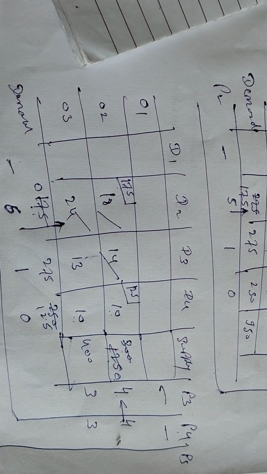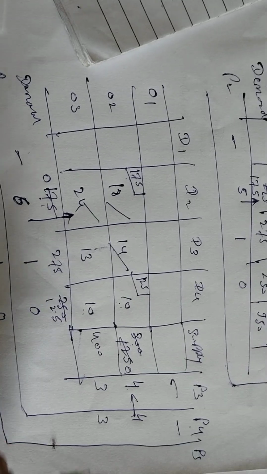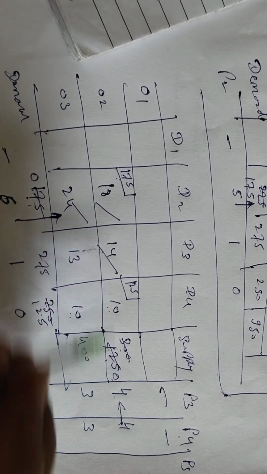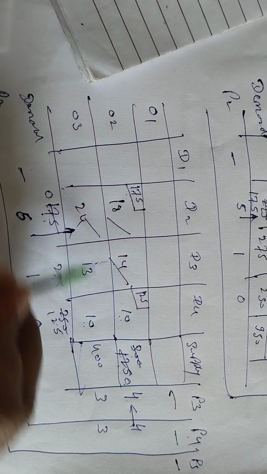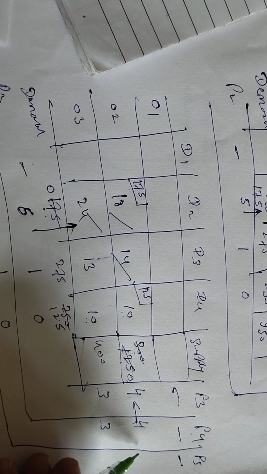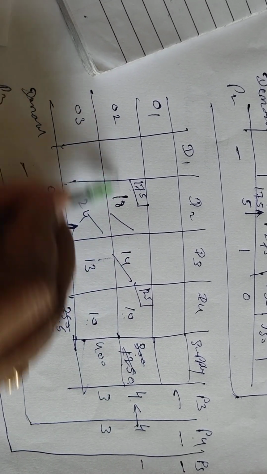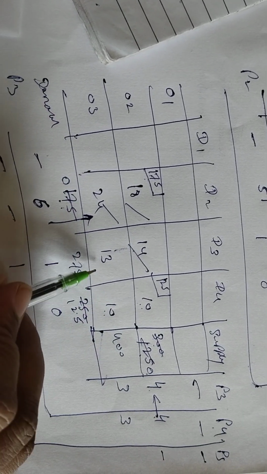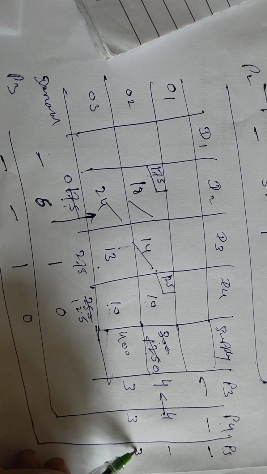Find out the penalty row wise as well as column wise. The row wise difference: the first is blank, the second is also blank because this row is deleted, and the third row, 13 minus 10, is 3.